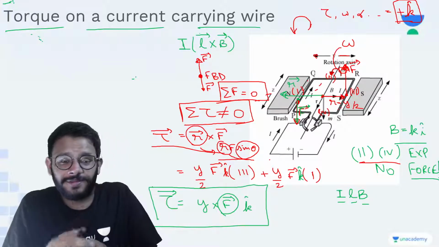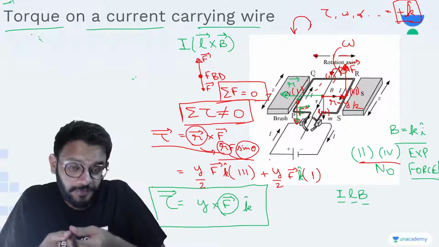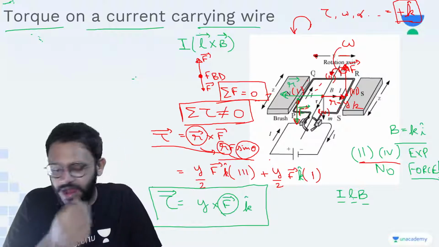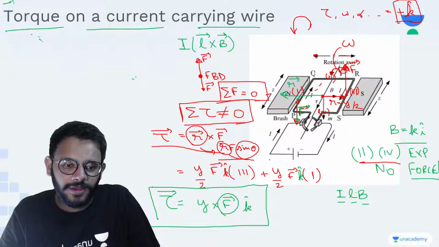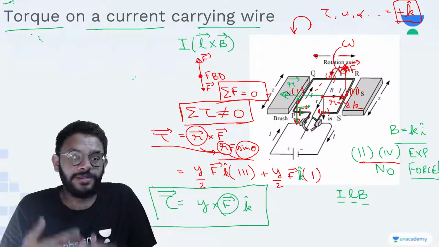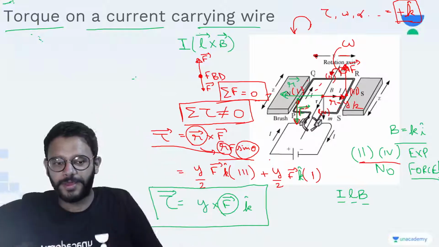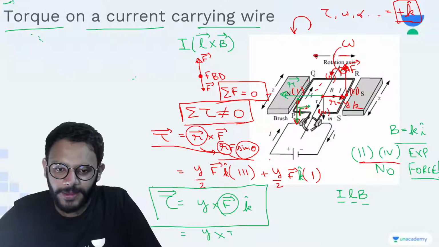L is the length vector which is in the forward direction of the current. B is in the direction of the magnets and force is calculated by ILB, where IL cross B is essentially giving me the direction. So I found out that the directions of force are upwards and downwards. Because of this, I know that Y into F, so Y into F is ILB.